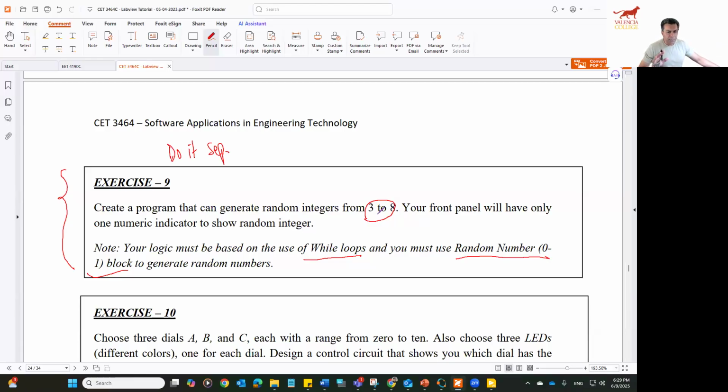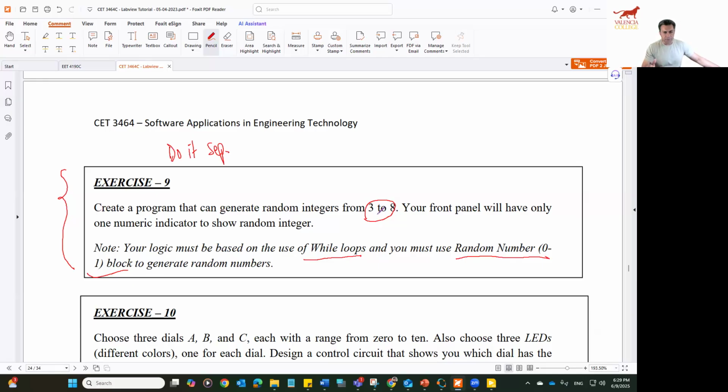So simple exercise, not difficult. I can give you some hint that you are using random number generation 0 and 1 block. The highest value is 8. You can set it so that it can generate values from 0 to 8. And then you can use a comparison function to see if the generated value is above 3.